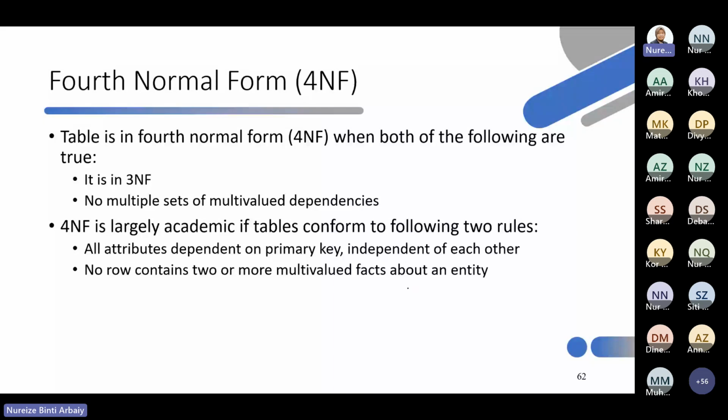You obtain the unnormalized form, and then first normal form, where you identify the partial dependency and transitive dependency. After you can readily identify these two dependencies, you can start the normalization.